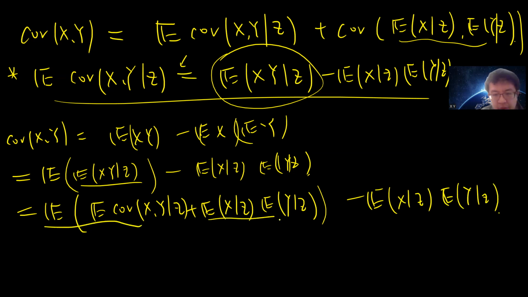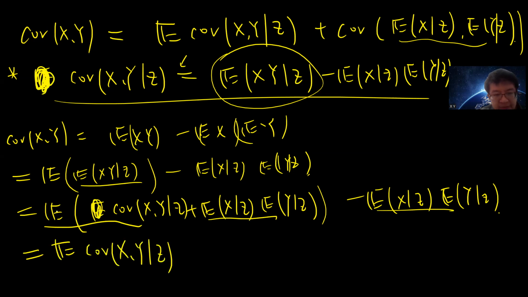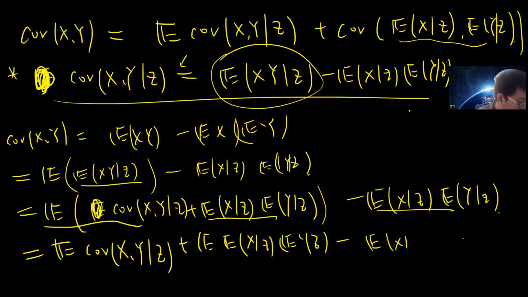Okay, so this term and this term. Sorry, there's a note here. Sorry, I'm stupid, there's just the definition. The first term is the expectation value of the covariance of X, Y conditional on Z. And then we have three expectation values: the expectation of X given Z times the expectation of Y given Z, minus the expectation of X given Z times the expectation of Y given Z. Oh, by the way, I forgot about the expectation here.